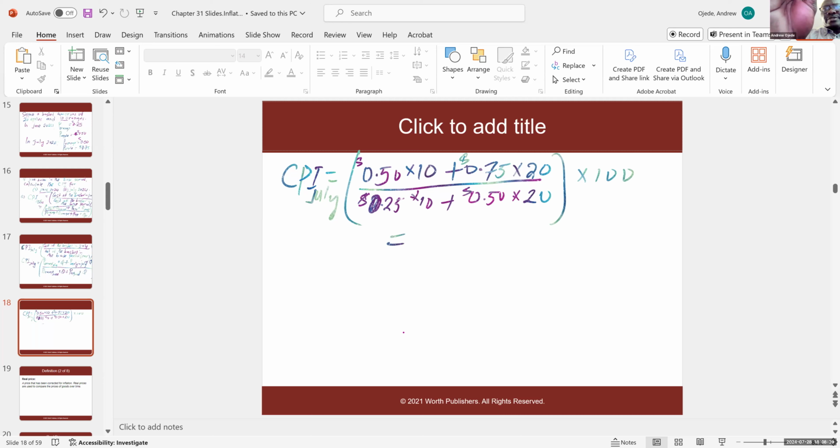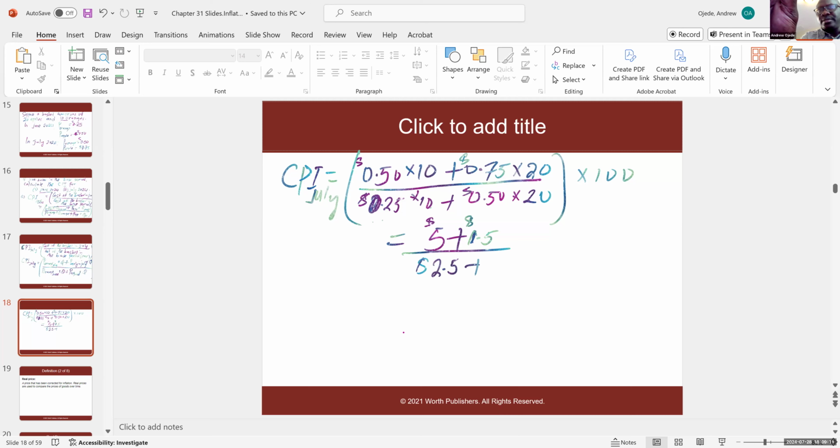So this is going to be equal to 0.5 times 10, that is 5, plus 0.75 times 20, that is going to be 1.5, right? Divided by 0.25 times 10, that's $2.50, plus 0.5 times 20, that's going to be 2, right?